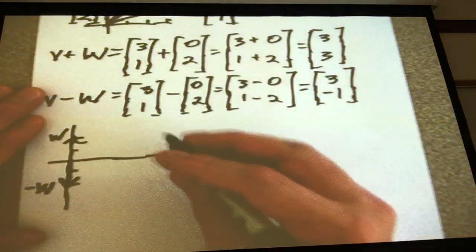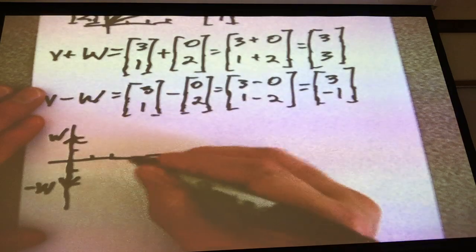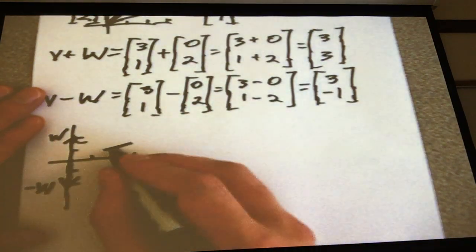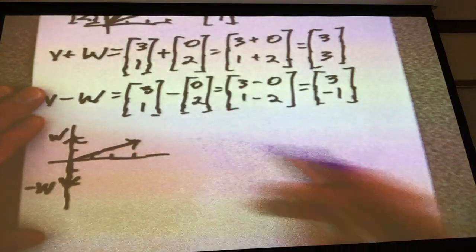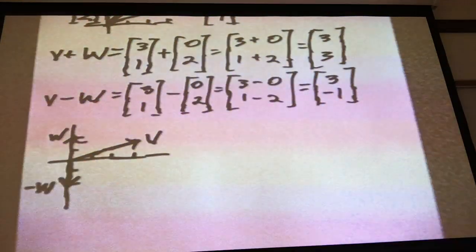And then V is still going to go up 1, 2, and 3. This is still V. V is going to stay positive.